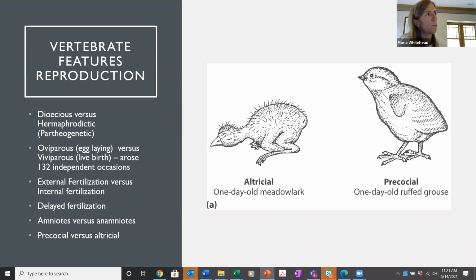A few other terms that relate to reproduction are whether the organism is dioecious or hermaphroditic. Dioecious meaning two houses, two types, male and female. Whether organisms are oviparous, egg-laying, or viviparous. This difference actually arose 132 times independently.